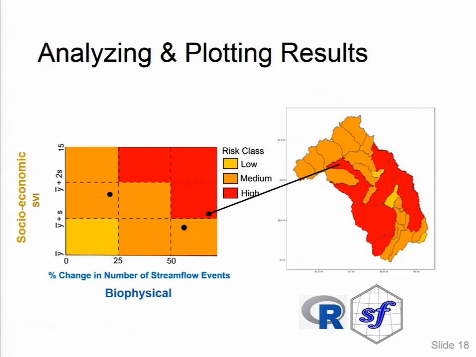To do that, I use the sf package, which is a really new package in R. It's primarily used for vector spatial data, and it stands for simple features.